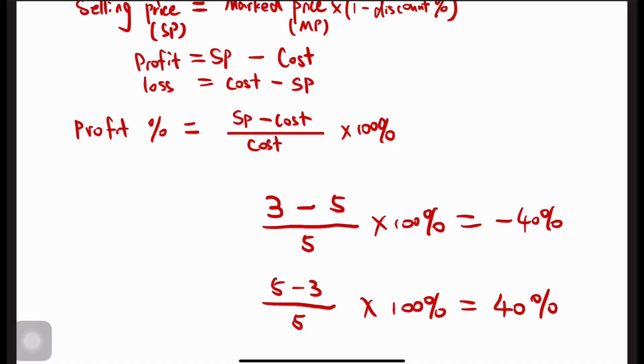So in this case, the loss percentage can be a positive number, but it actually means a loss of 40%. If you use the profit percentage formula to calculate the loss, it will show as negative, meaning it lost 40%. If you switch these two, it will be positive. Actually, that's how we calculate profit and loss as well, right? The positive and the negative.